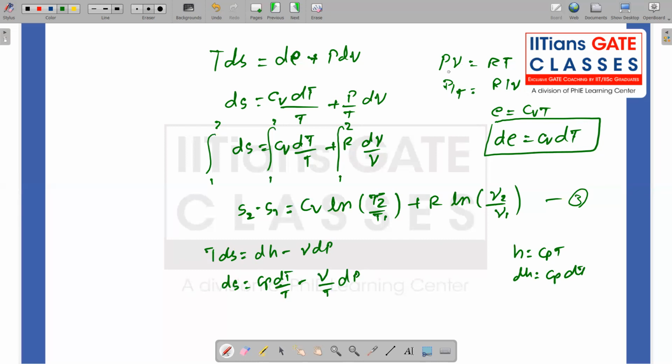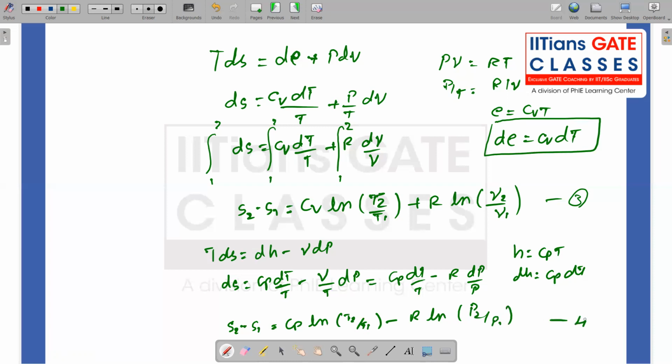If PV is equal to RT, V by T is nothing but R by P. So if I integrate from state 1 to 2, S2 minus S1 is equal to Cp, which is constant, times ln of T2 by T1 minus R times ln of P2 by P1. I will call this equation 4.